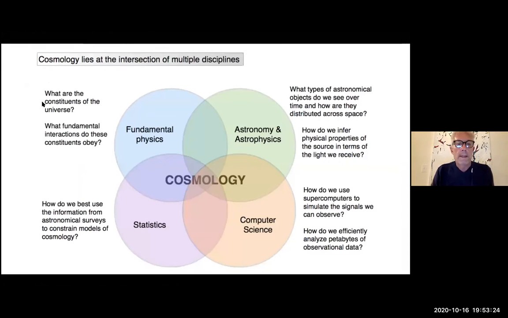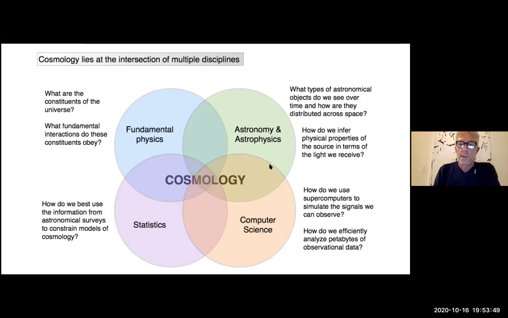So I want to remind you that cosmology lives at the intersection of multiple disciplines. Fundamental physicists are interested in the early universe as sort of the ultimate particle accelerator and understanding the inflaton. How can we use cosmological survey data to infer properties of the early universe?